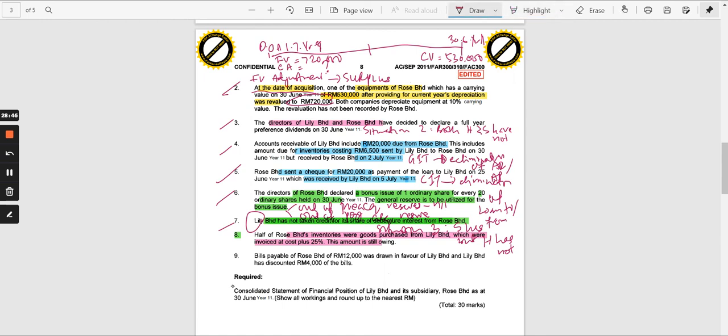So you need to check what is the unrealized profit on unsold inventory. This one is based on markup. So we need to use the markup given here, this 25%, and find out what are the unrealized profits so that we can remove.